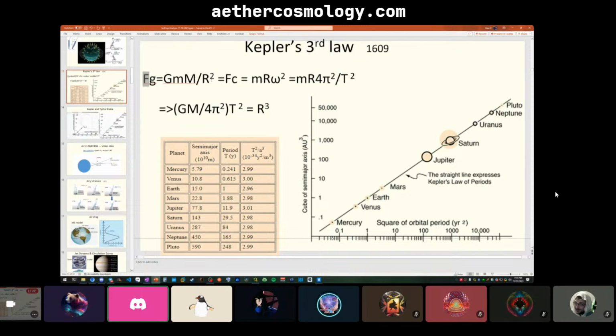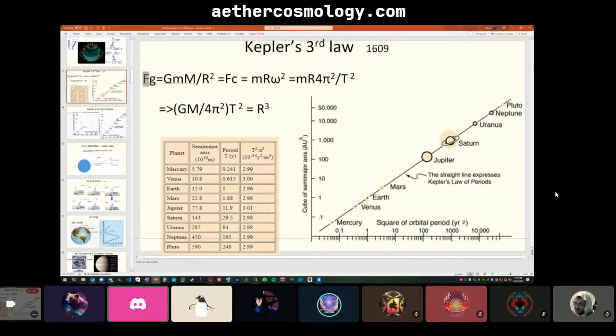And that's why the m's cancel out, because this is not only a dynamic law that is proven by Newton's laws, it's also kinematic in the sense that it can be discovered just by measuring the motion of the planets, how far they are from the sun, and how long it takes them to go around the sun. You don't measure the mass or any other characteristics. You just follow the dot of light in the sky and keep a record of its measurements.